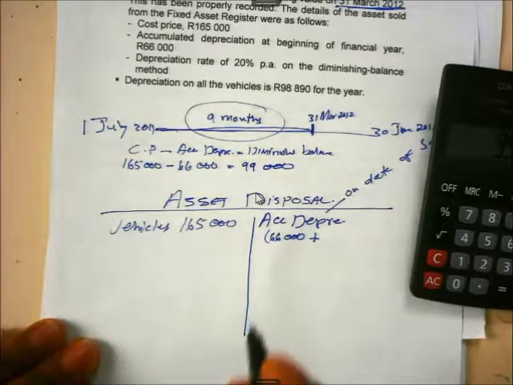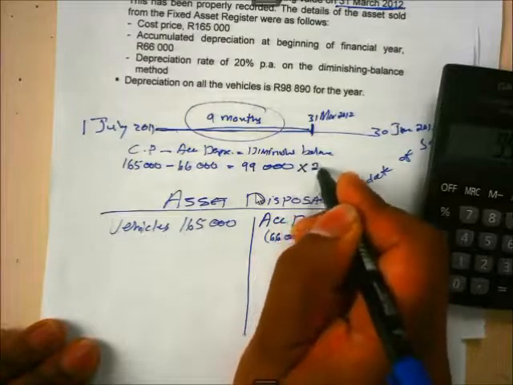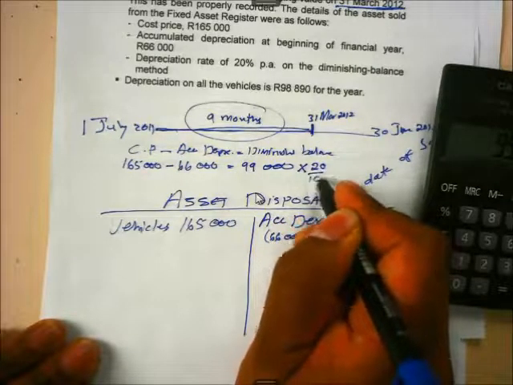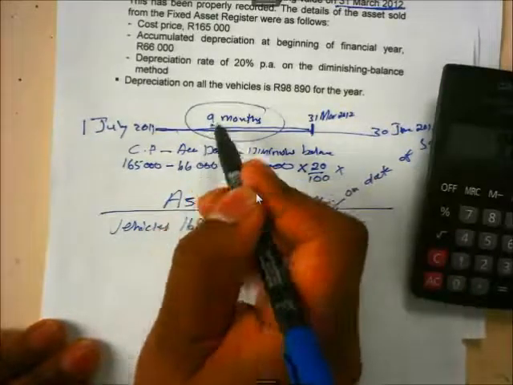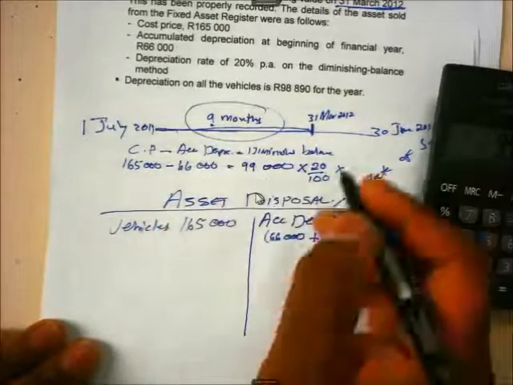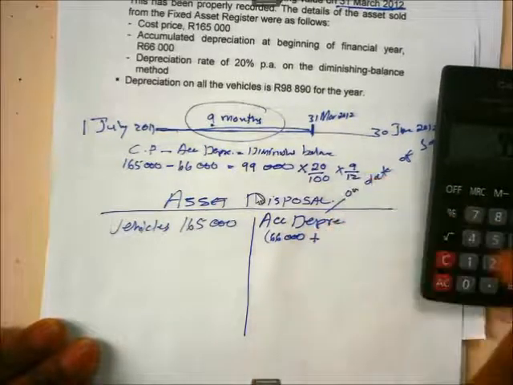Then from this diminished balance, we multiply by 20 over 100, and multiply by the number of months for which we have used this vehicle, 9 over 12.